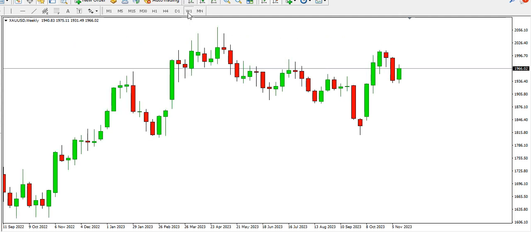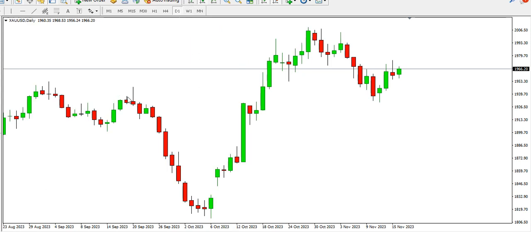On the weekly chart, the resistance is around here, and we have more green candles on this chart. On the daily chart, we have some red candles and some green candles, more like balanced, but we have some form of resistance.